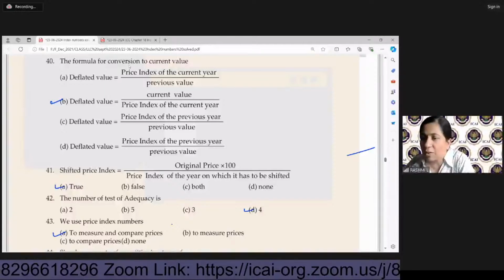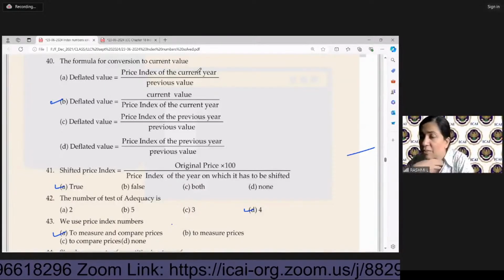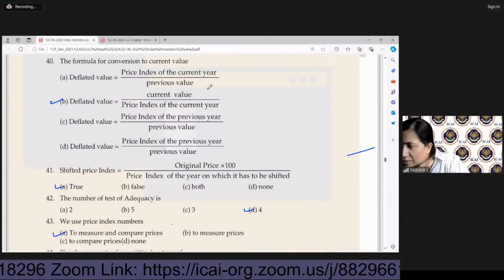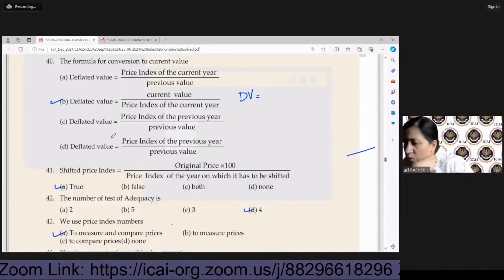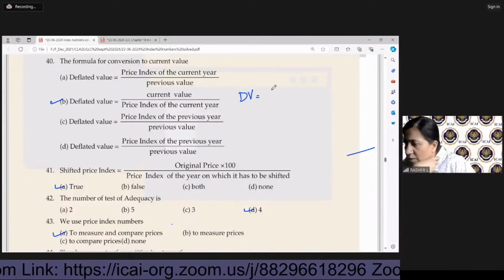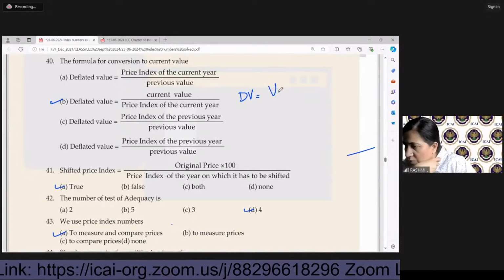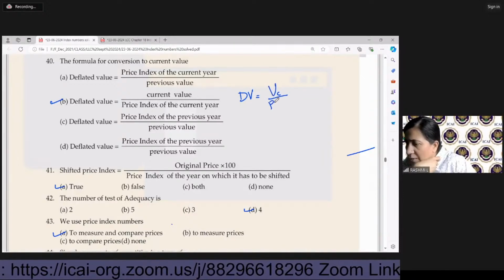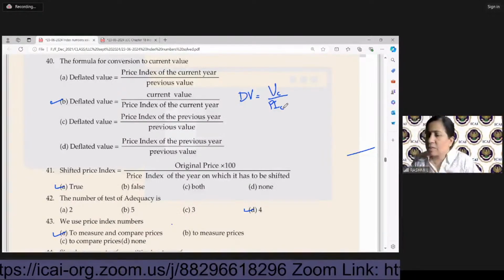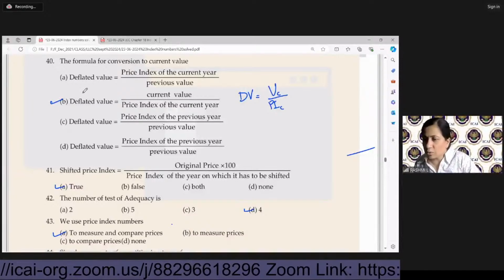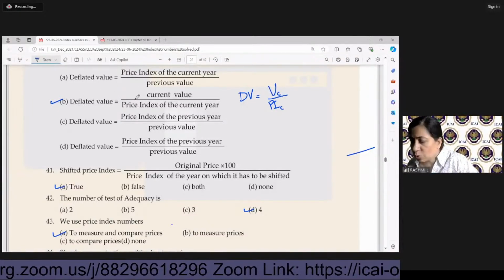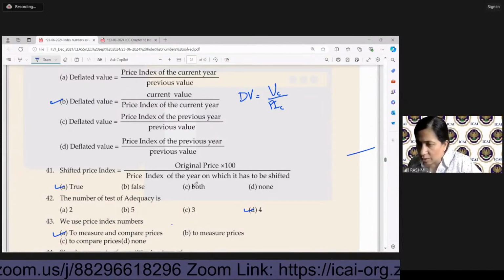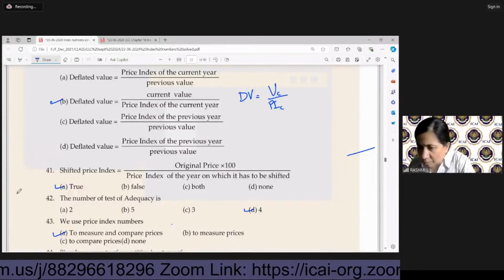Then the formula for conversion to current value is given by deflation. Deflated value is equal to what? It is your current value upon the price index of the current year. Okay, so once we do that, you get the deflated value, because what we want to do is convert it into the current period.